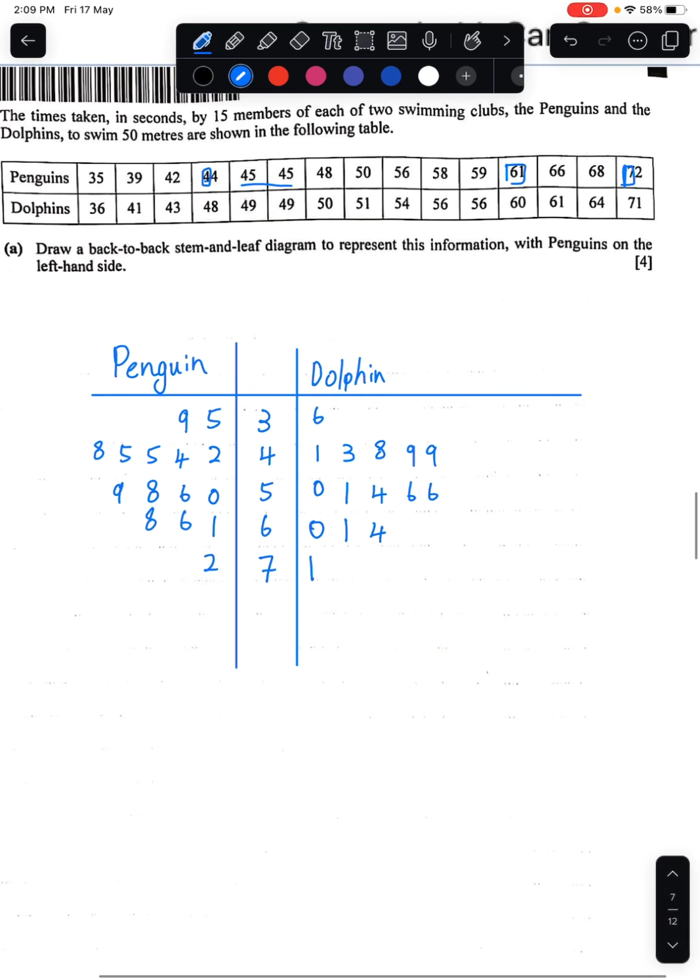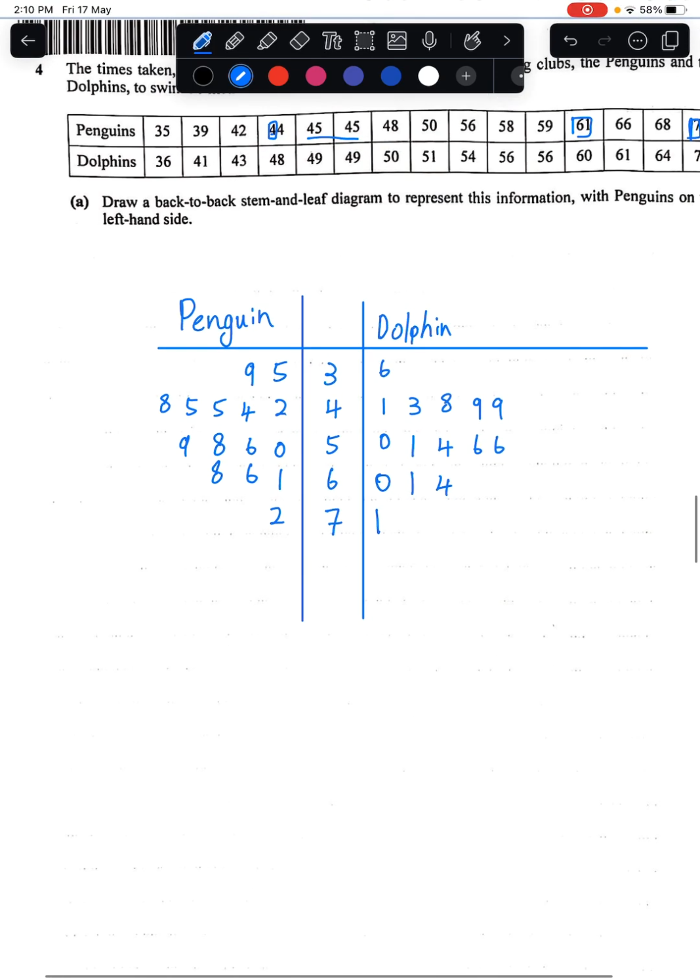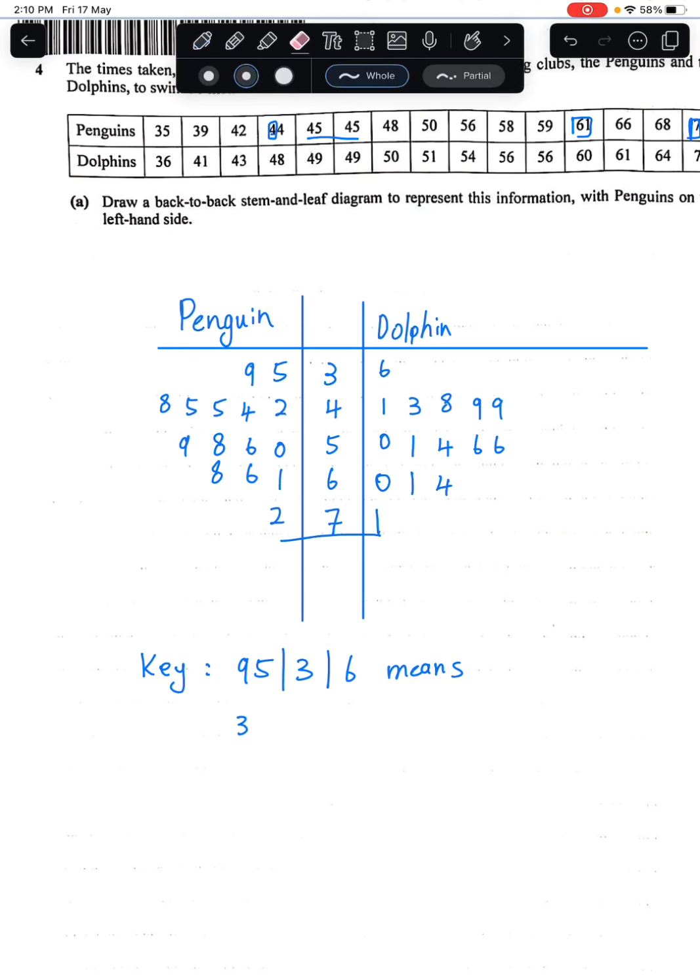Oh yeah, remember to always write the key. People lose marks because they forgot to write the key. You can choose any row, and write it like this: 35 for penguin and 36 for dolphin.